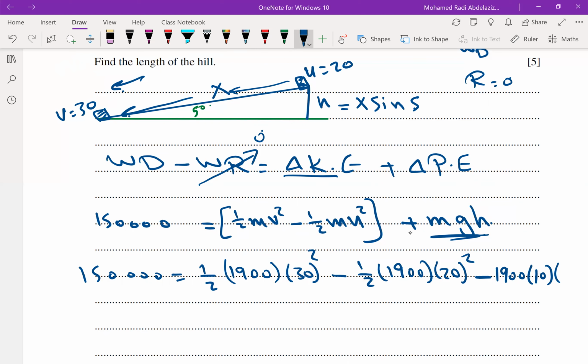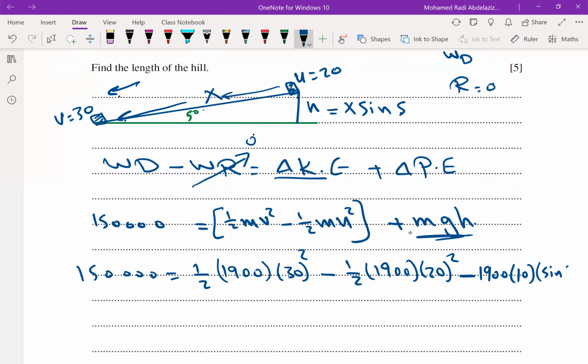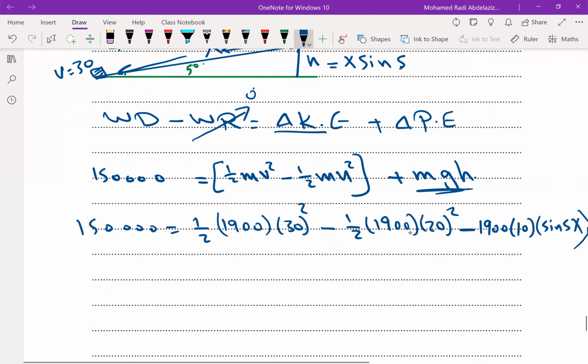So you can calculate the value of X. X sine 5 multiplied by X. Simplify this equation, you can find X. The final answer is 196.26. To three significant figures, you can write it as 196.